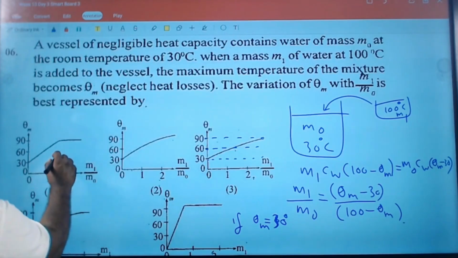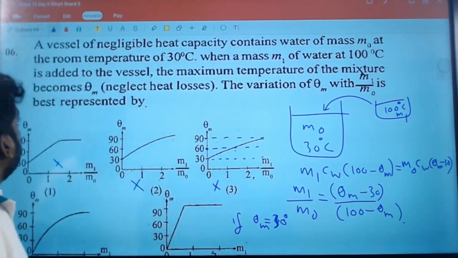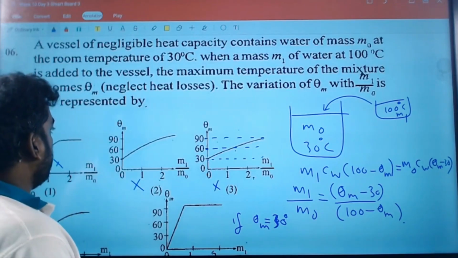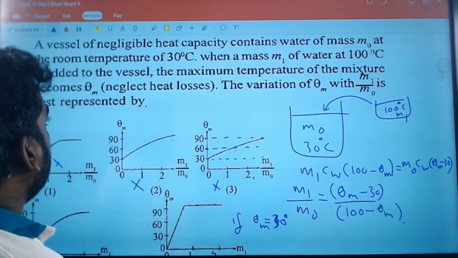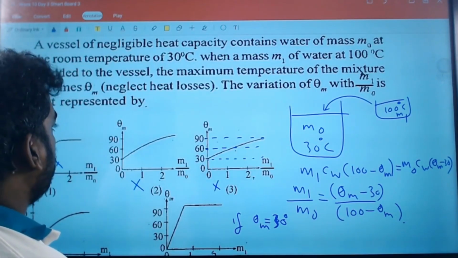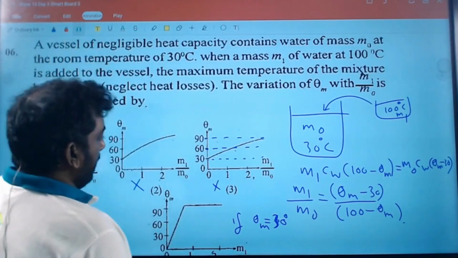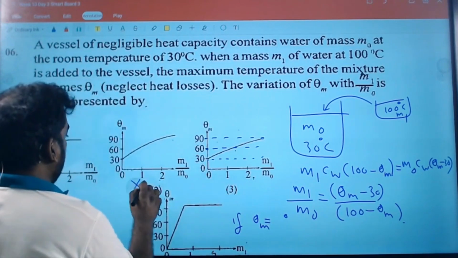So it can't be first one, can't be second one, can't be third one. They are asking the M1, M0 ratio, no? But there is a mass ratio there. So we'll ignore the 30 part.